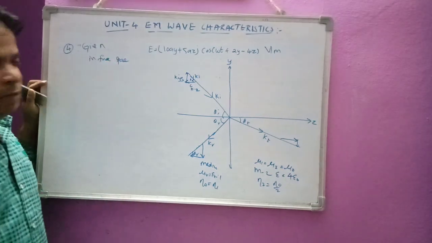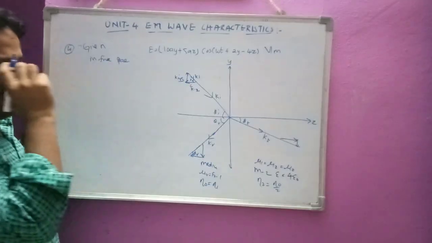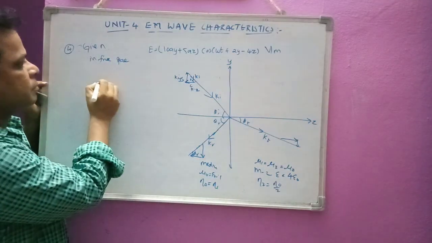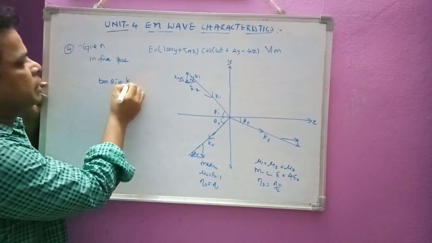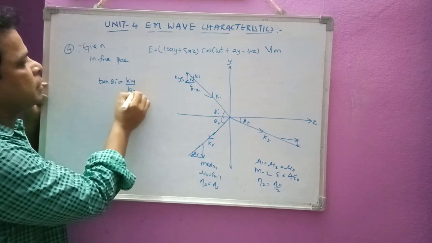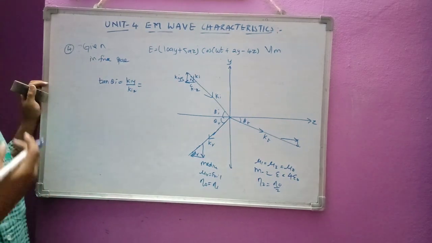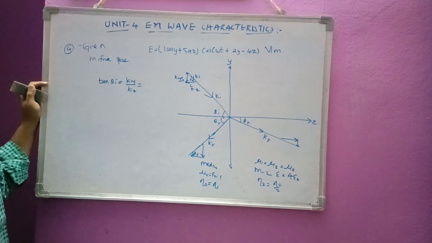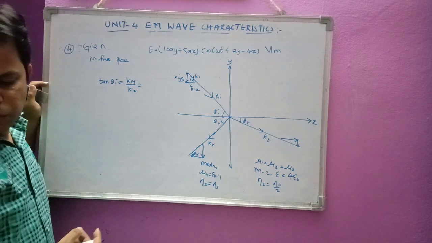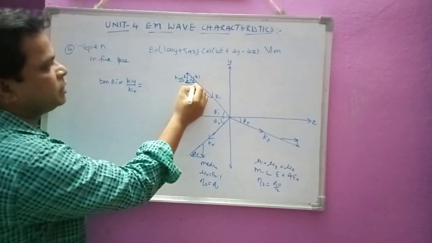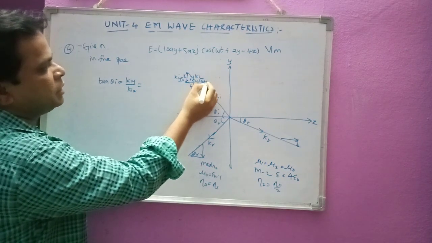Okay. Now from this diagram, that is theta I, tan theta I we can write as kiy by kiz. Kiy is 2 and kiz is 4 from the diagram, and the resultant will be the square root of 4 plus 16, that is 20.